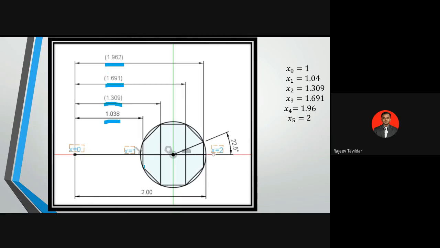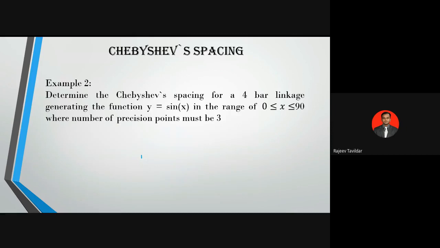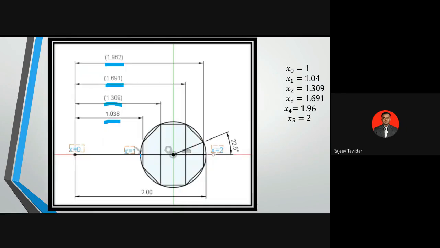What would be delta x1? Delta x1 would be the distance between this point and this point. Similarly, delta x2 would be from the start of the circle up to this point. Delta x3 would be from the start of this circle up to here. So in the analytical method we are actually finding out these values, delta x1, delta x2, delta x3.